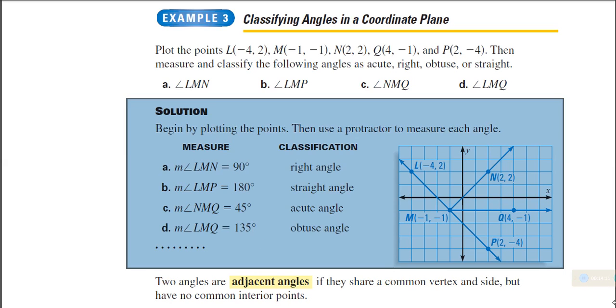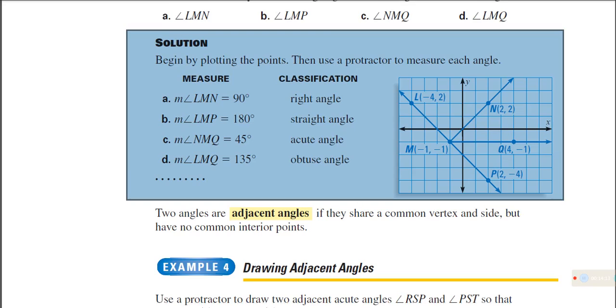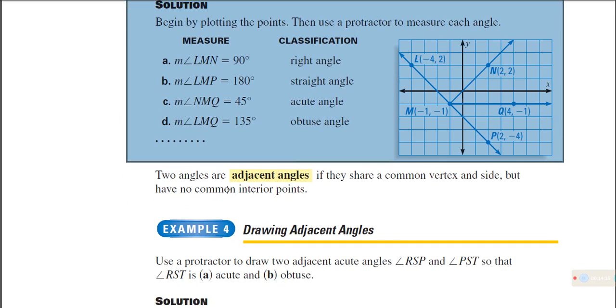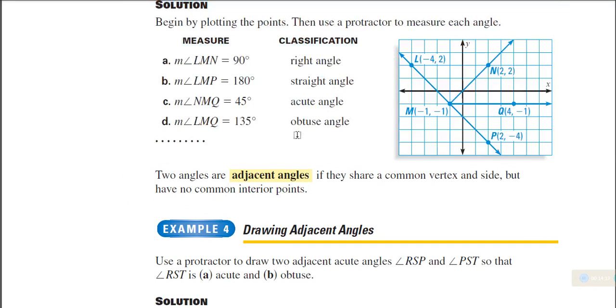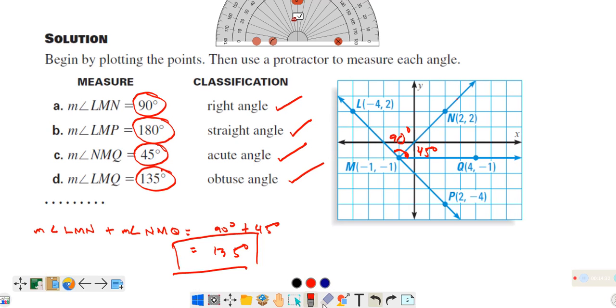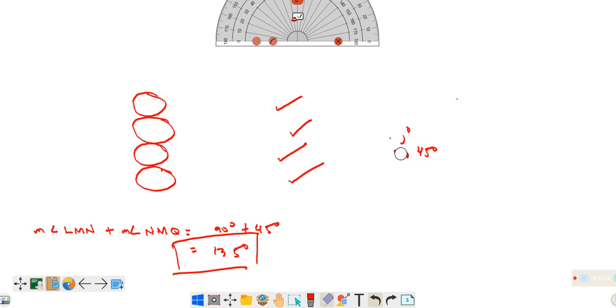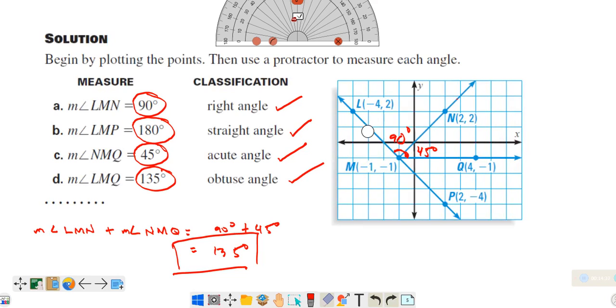Okay. Now, meron tayong isa pang definition. Nagamit na natin to before. Itong word na to. So, pag sinabi natin adjacent, ibig sabihin, kalapit. So, adjacent angles are two angles that share a common vertex. So, ano ang mga example dito ng adjacent angles? Ito yung gamitin natin na sheet.